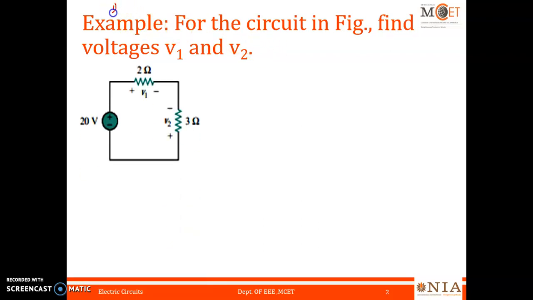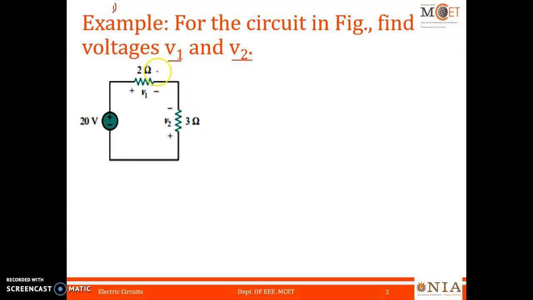For the given circuit in the figure, they are asking to find the voltage drop across the 2 ohm resistor, that is V1, and V2, that is the voltage drop across the 3 ohm resistor.